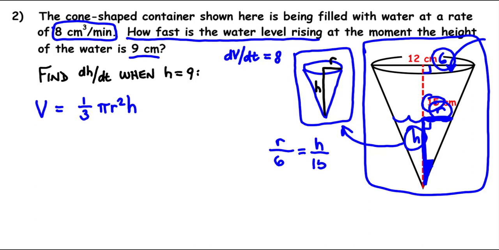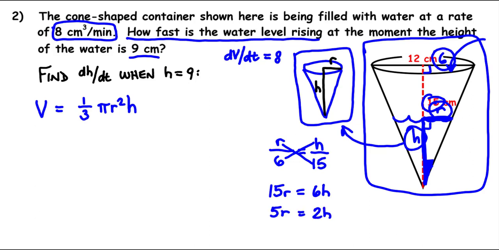I could have said r over h equals 6 over 15. But as long as you do it the right way and you cross multiply, you're going to get 15r equals 6h. Now I can simplify that even further. I'll go ahead and divide both sides by 3. So that's going to give us 5r equals 2h.